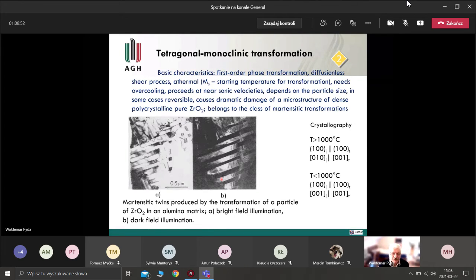Good. Twins are formed after the transformation. Sometimes, as one colleague said, the grain can be only partially transformed, but typically twins are formed. Maybe somebody knows why twins are formed.